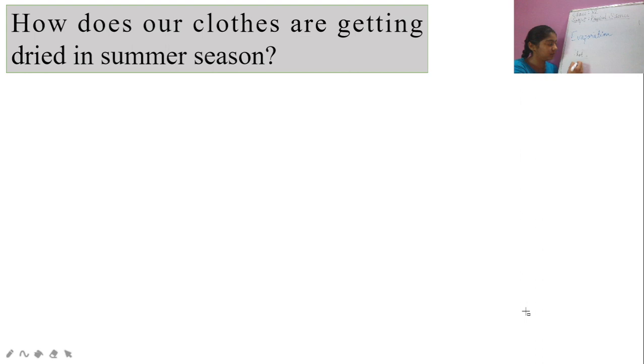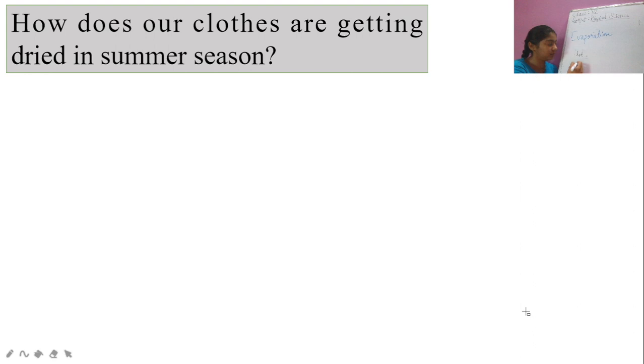So the sun helps us to evaporate the water from the clothes. So that's why in the summers we can see that the water from the clothes easily comes out and reaches the clouds. Okay, so that way we can say that our clothes get dried in the summer season.